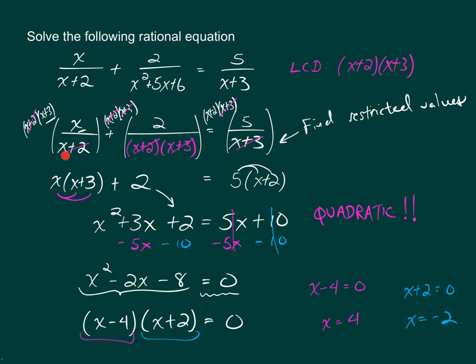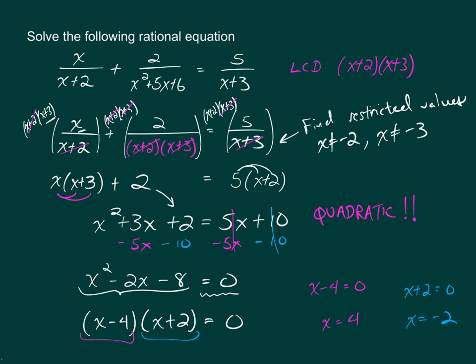So if you just take a look at this denominator right here, what value of x would make this denominator 0? Well, that would be x equals negative 2. So x is not allowed to equal that number. And we can do something similar right here for x plus 3 in the denominator. That tells us x cannot be equal to negative 3.